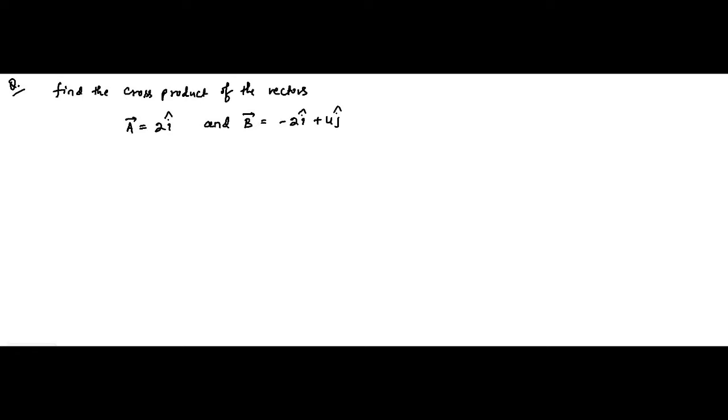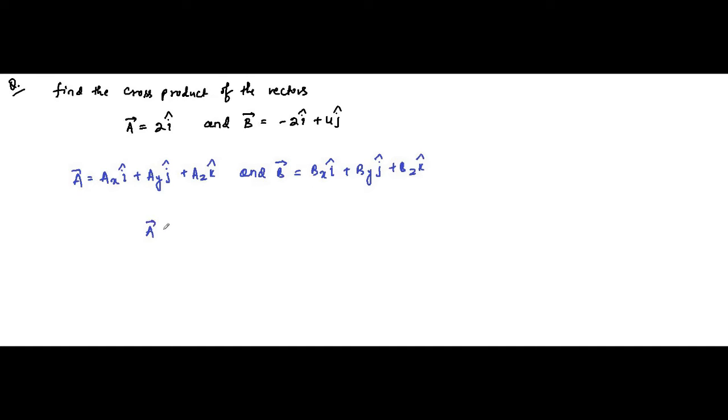It has been asked to find the cross product of the given vectors. A vector given as 2i cap, B vector given as minus 2i cap plus 4j cap. So we know that if we have two vectors, A vector, let's say it's represented as axi cap plus ayj cap plus azk cap, and we have B vector as bxi cap plus byj cap plus bzk cap, where ax, ay, az are the x, y and z components of A vector, bx, by, bz are the x, y and z components of B vector.